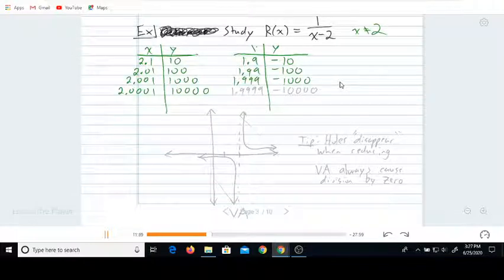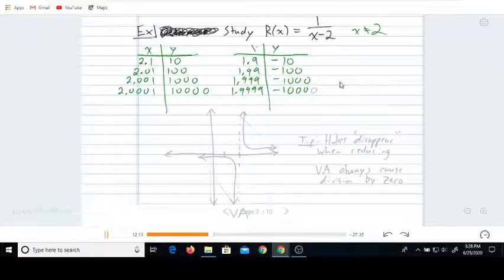What about 1.9999? Alright, so, type that in. And you get negative 10,000. And you can see there, as we approach 2 from below, the y values shoot towards negative infinity.